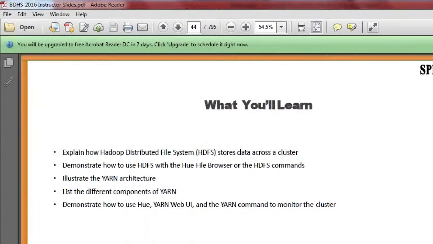In the same session we'll have some detail about how YARN works. We'll go through the different components of YARN, and then we'll see how to access the YARN UI and how to monitor the jobs running in a cluster and all of these things. So that's the agenda.